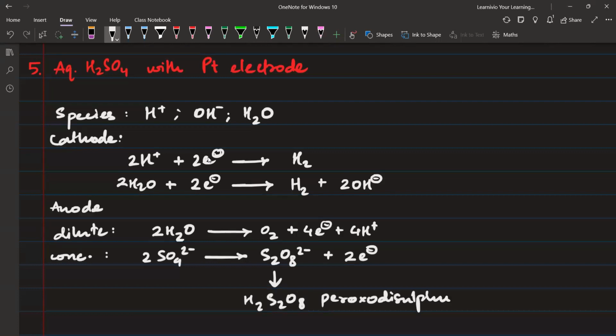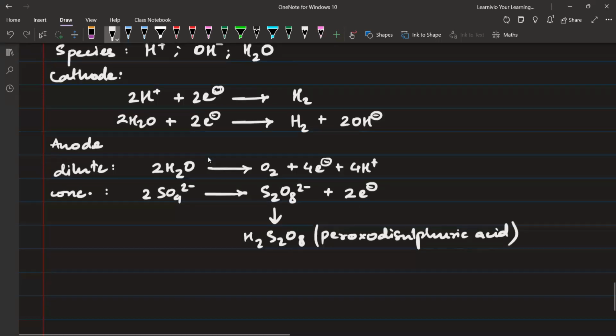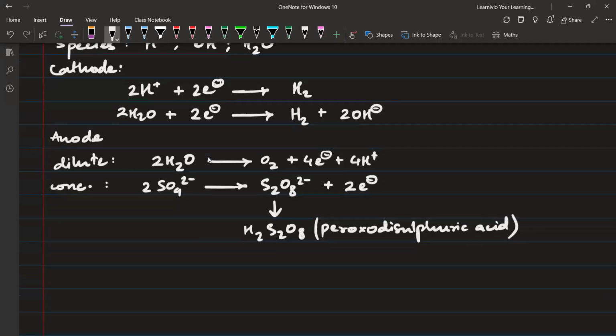One question that can be asked in this case is: in the oxidation of SO4 2 negative, which atom is getting oxidized? In this case, oxygen is getting oxidized. All four oxygens in SO4 2 negative have -2 oxidation state.